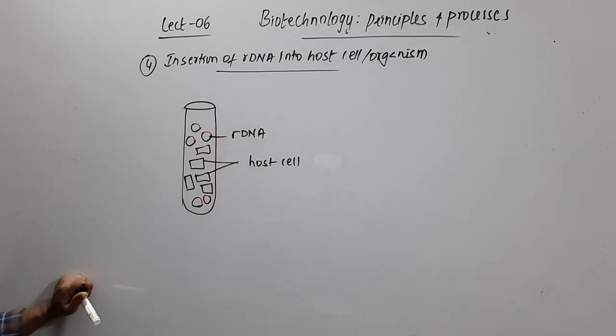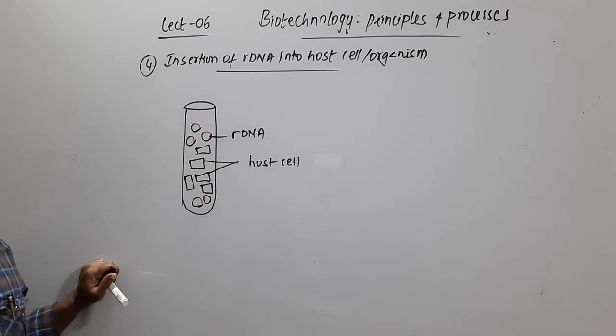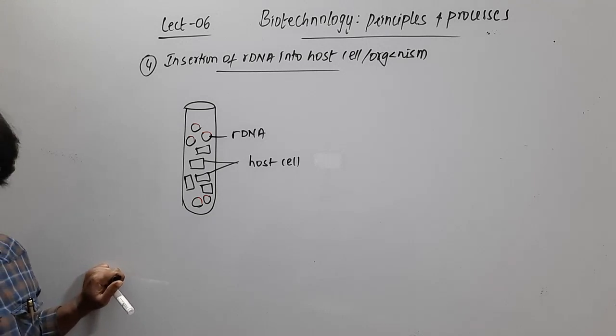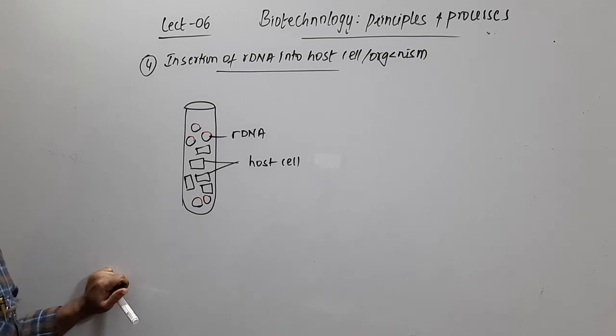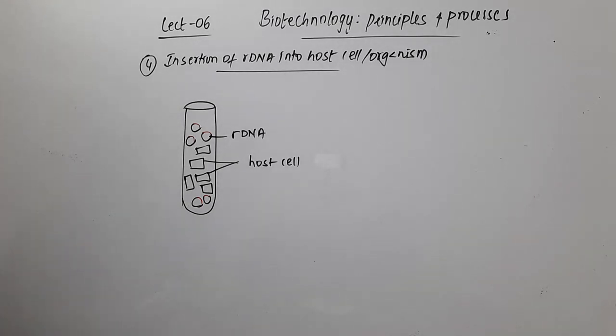Right. So we can apply different methods like what we have seen, by treating with the divalent cation like calcium, then putting on ice, then giving a heat shock, and then again putting on ice. That is one method that we usually use for the bacterial cells, and there are various methods for transformation.